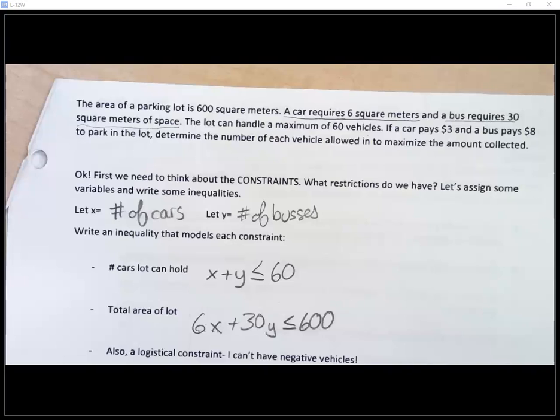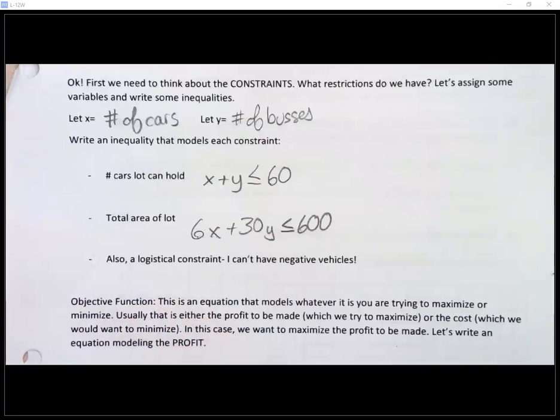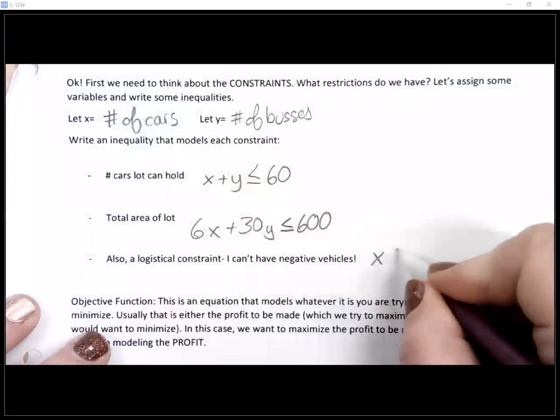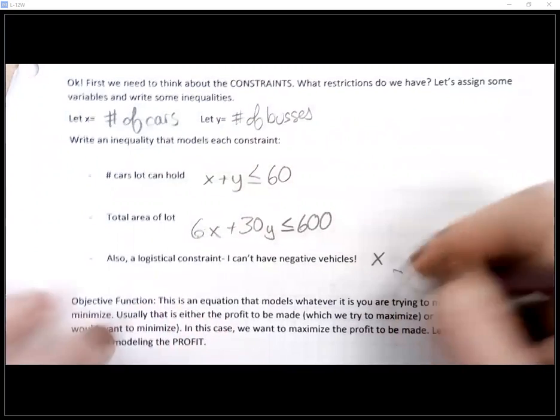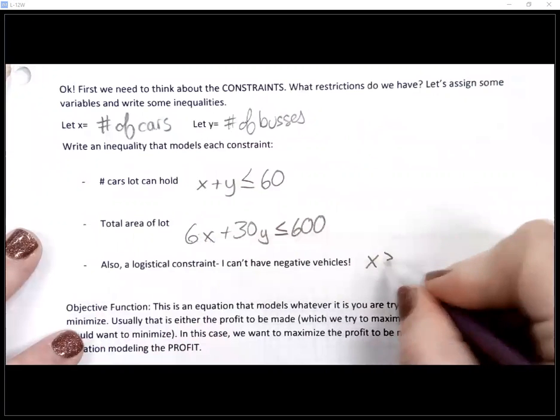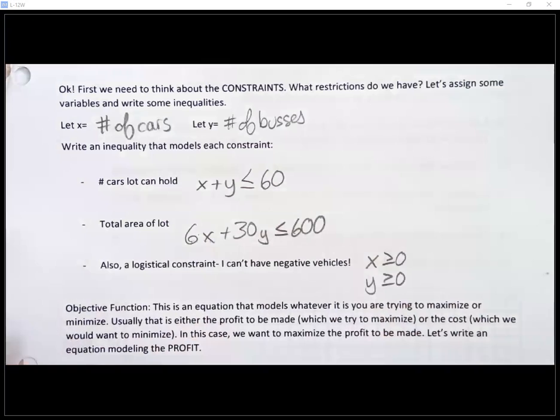All right, so there's those constraints. And then we mentioned this, just logistically, I can't have negative vehicles. So the X's have to be positive and the Y's have to be positive. So there's my list of constraints.